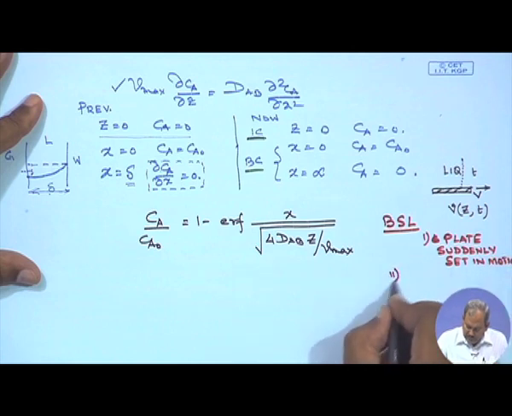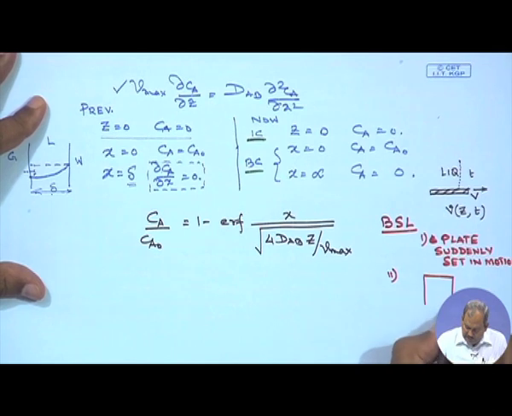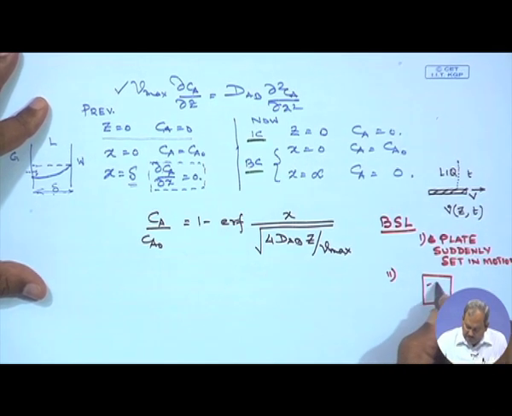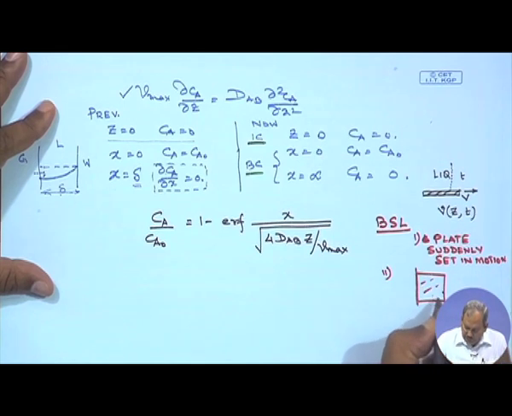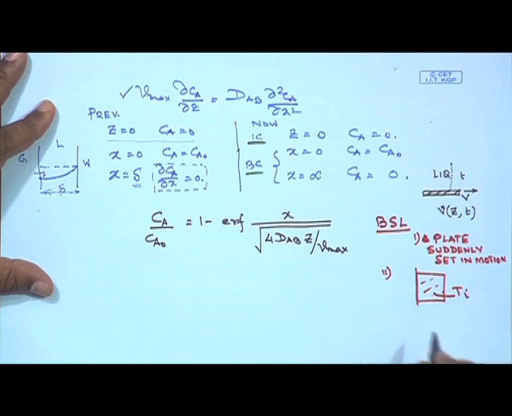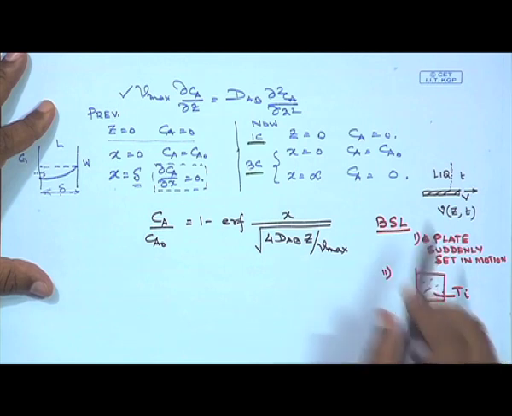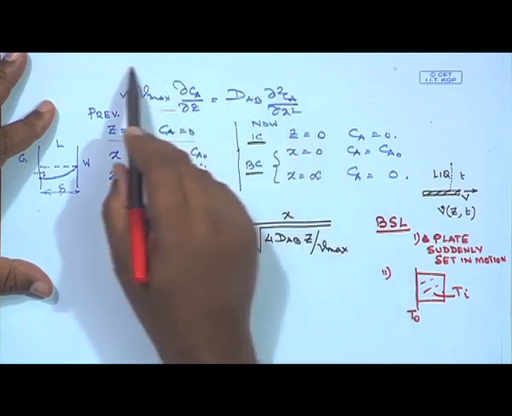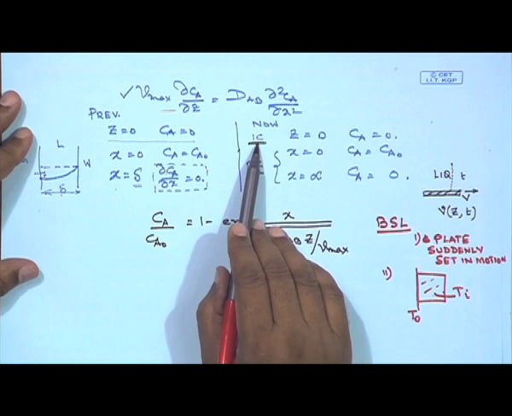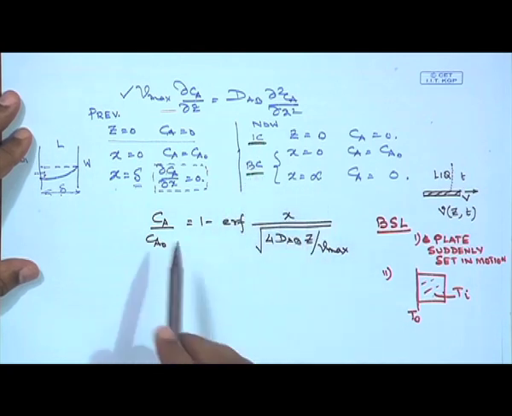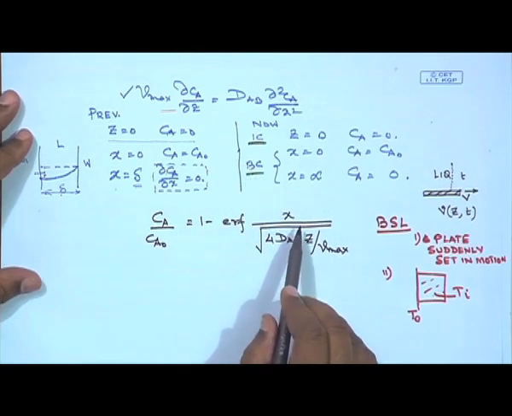The second could be when you have, let us say, a solid object, with temperature initially uniform, and at time t equal to 0, one of the boundary temperatures is changed to a new value. So, it was Ti to begin with, and suddenly it has been changed to T0, and how would the temperature front penetrate in here? You will get the same type of governing equation, same type of initial condition, same type of boundary conditions, and the solution would simply be an error function.